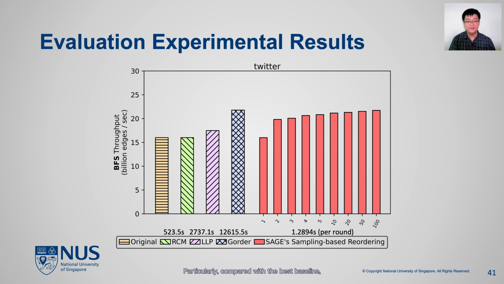Particularly, compared with the best baseline, the proposed sampling-based reordering can achieve 95% graph traversal speed in the 5th round with a negligible cost, that is, less than 5 seconds, and in the 94th round, Sage catches up with G-order, meaning that sampling-based reordering achieves the same performance at the cost of only less than 1% of G-order's. Meanwhile, such cost is introduced gradually at runtime rather than as a large startup latency caused by preprocessing.